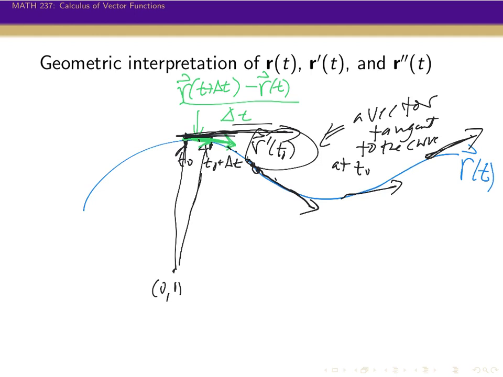If it's going from here down to there, that second derivative, let's choose a different color. I haven't used red yet. The second derivative is going to be moving something in this direction. And that's just looking at the difference between this vector and what's happening to it later on.